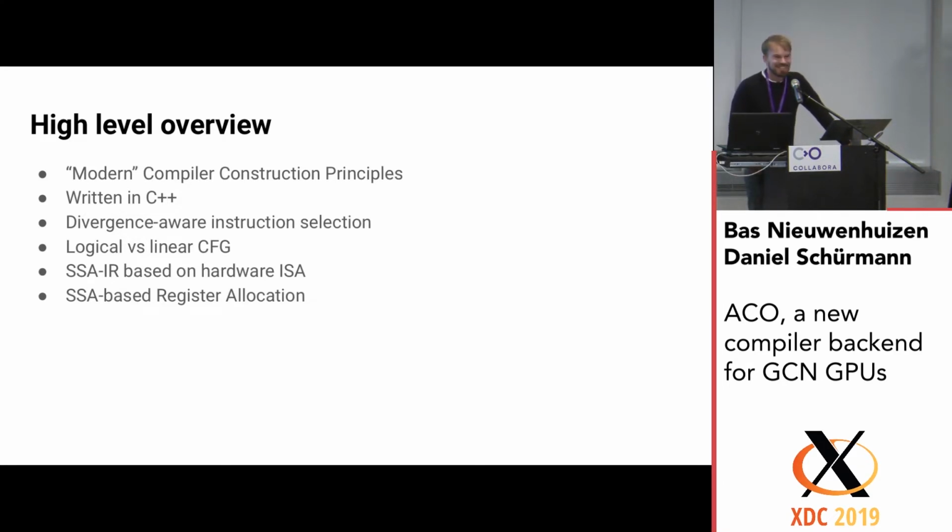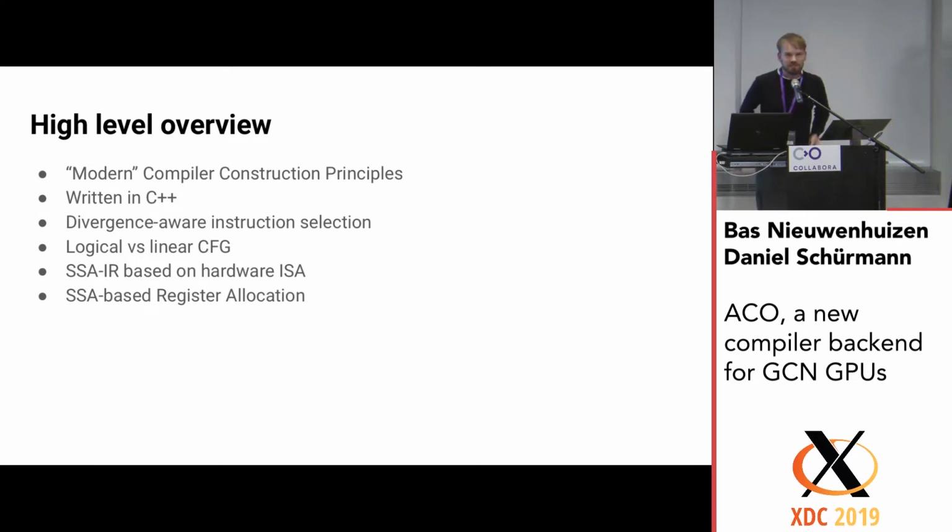That is modern in compiler construction. A very small disclaimer: the concepts we are using, despite being modern and very fancy and cool, are tailored towards the AMD microarchitecture. This means they are not necessarily applicable to other microarchitectures. Just keep this in mind when you hear about other backends.